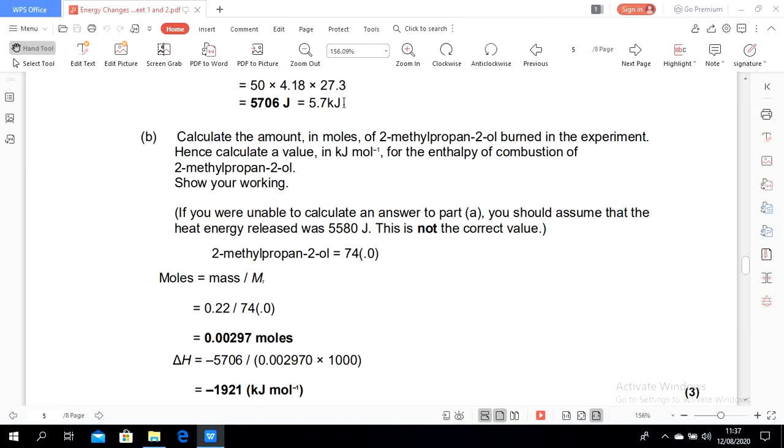We need to find the unit of the enthalpy change in kilojoule per 1 mole.